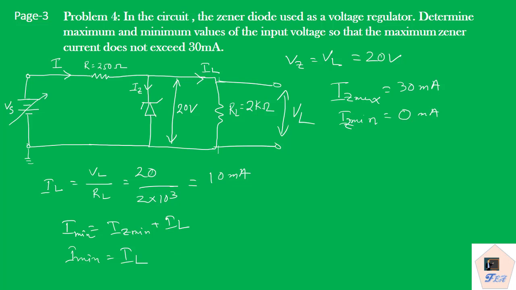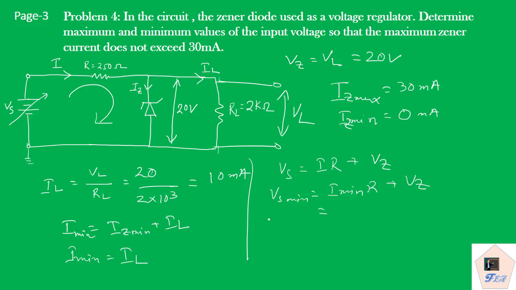Now if we apply KVL here, we can write that Vs is equal to I into R plus Vz. So Vs minimum value we get for I minimum. Vs minimum is equal to I minimum into R plus Vz. So from this we can find Vs minimum value.